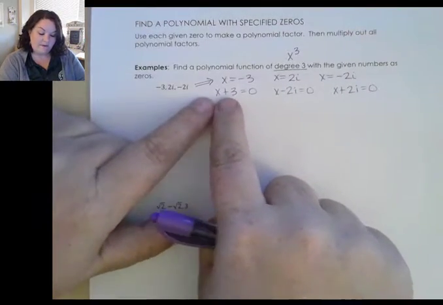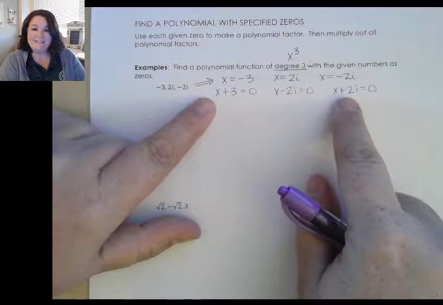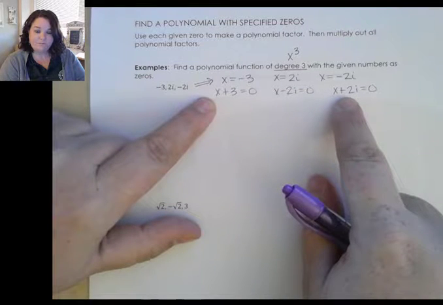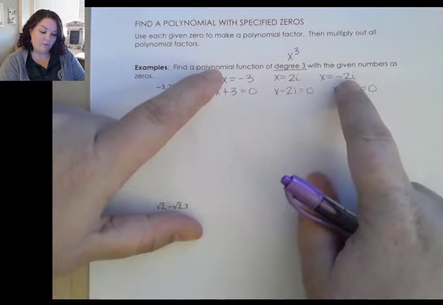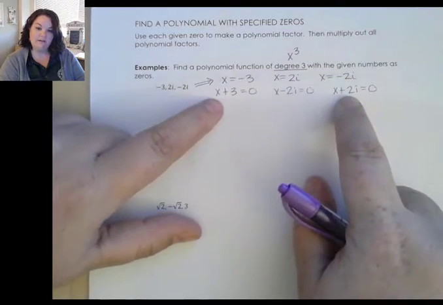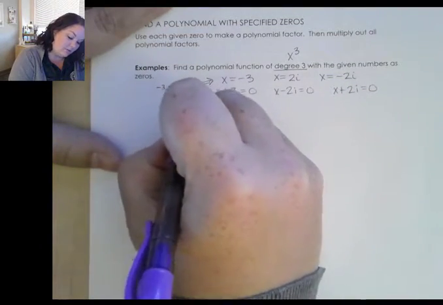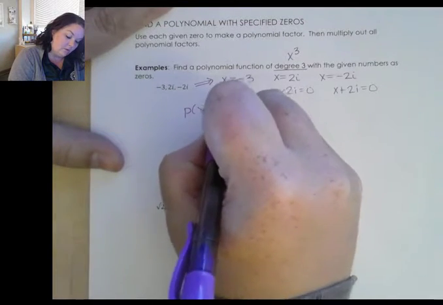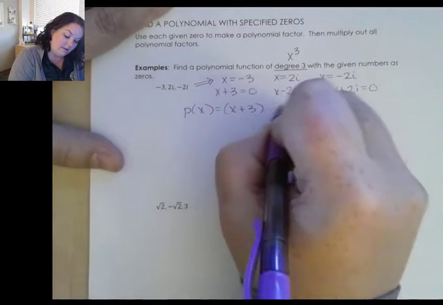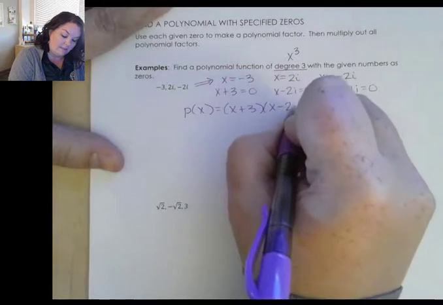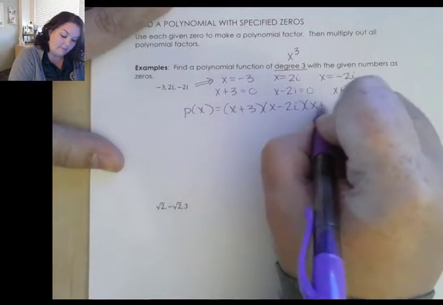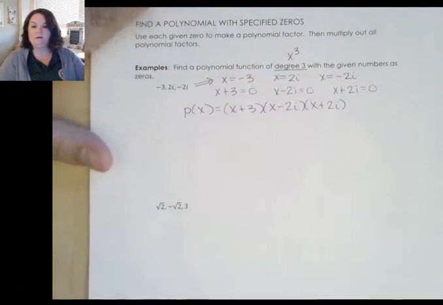So these are the factors we would have had to set equal to 0 in order to end up with these solutions. That tells me that the factors of this polynomial, we'll call it p of x, would be x plus 3, x minus 2i, and x plus 2i.